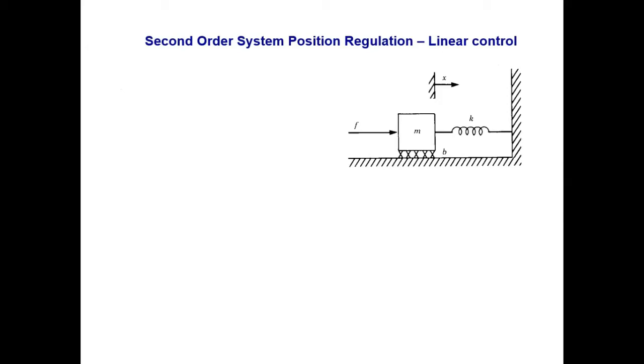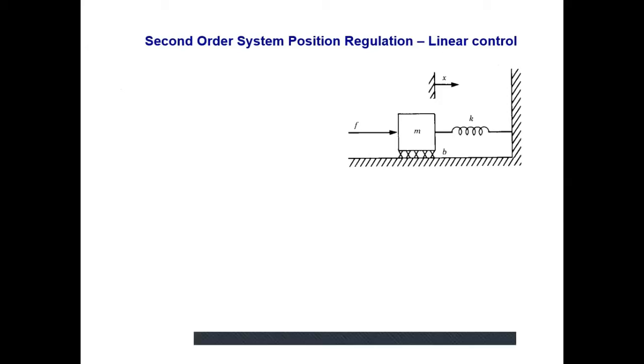For this purpose, I have taken a spring mass system with some damping. The coefficient of damping is B. The mass is denoted by M. Spring constant is K, and the deviation of mass from the equilibrium position is denoted by X. Here F denotes the external force.